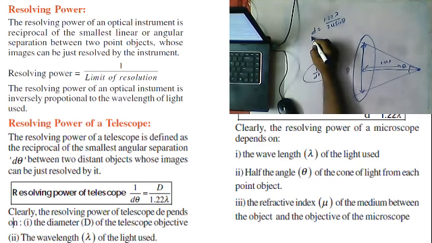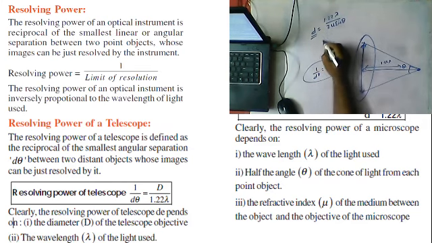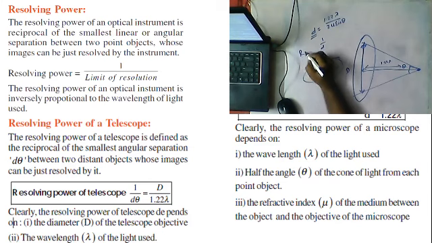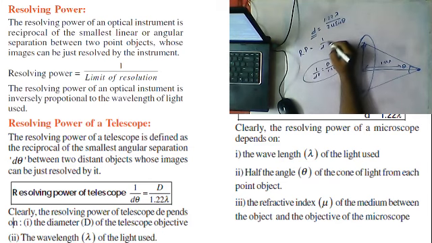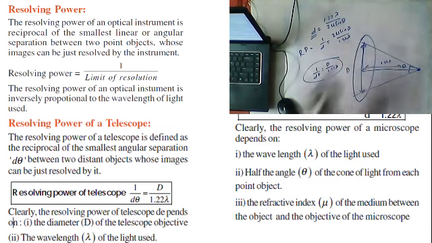But d is what? Resolving limit. Resolving power is equal to 1 by d. Resolving power of a microscope is equal to 1 by d, which is equal to 2 mu sine theta by 1.22 lambda, where theta is the angle of the cone.